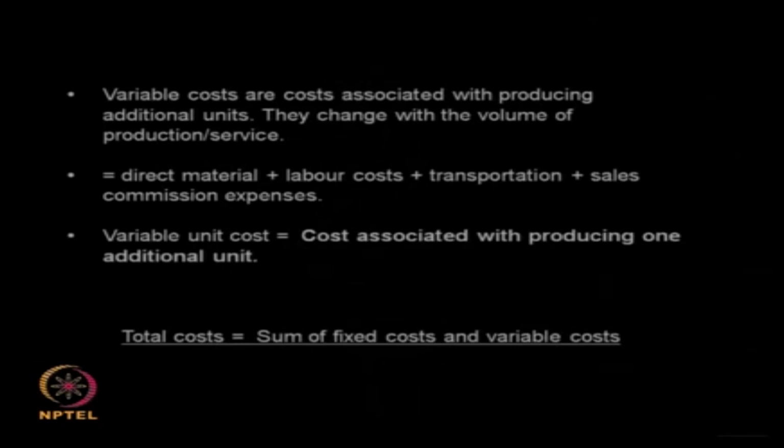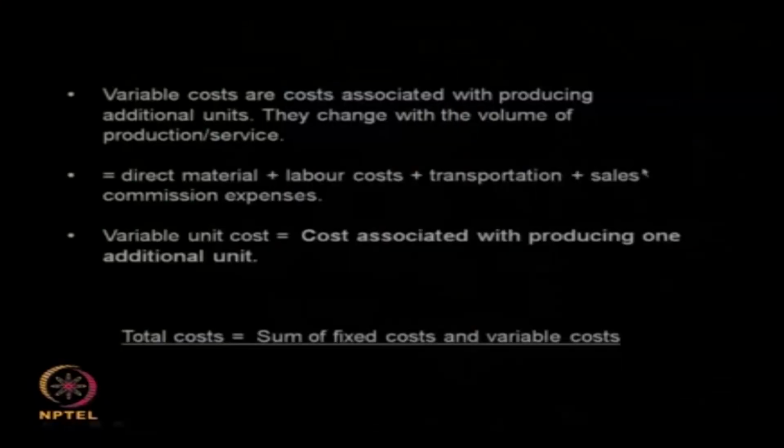So variable cost is directly proportional to the amount of material I produce. It could be a combination of raw materials I buy. If I have to make 100 tons of a product, I will require more raw material. If I need only 85 tons of product, I will need less raw material. So it will be proportional to the raw materials I buy.